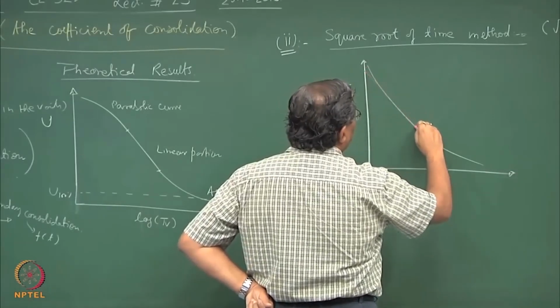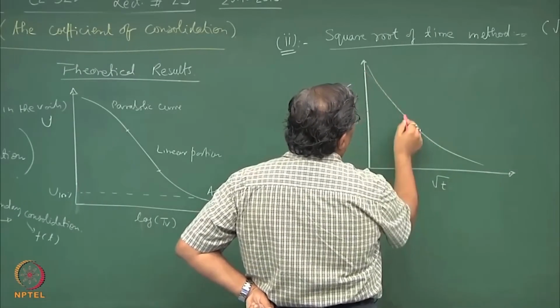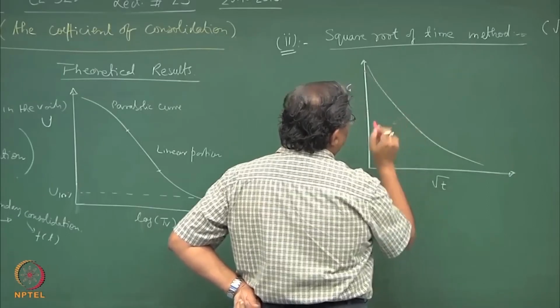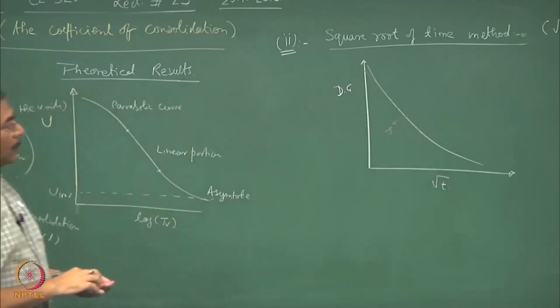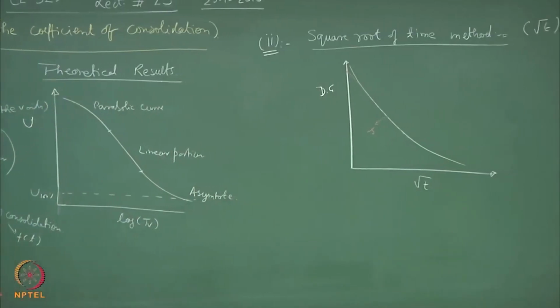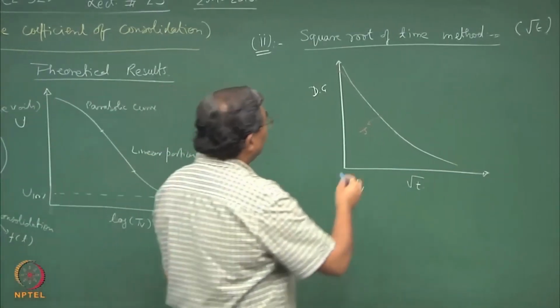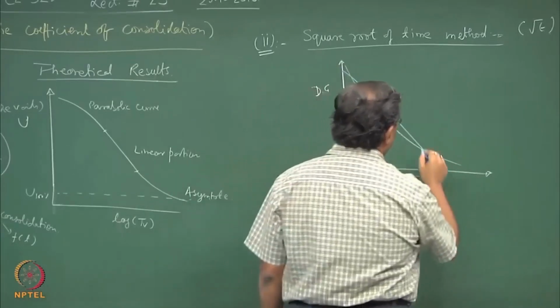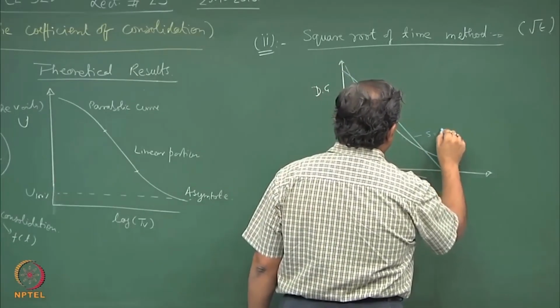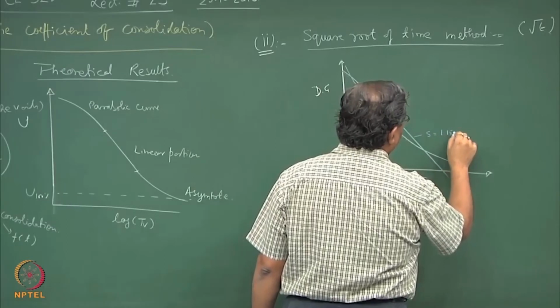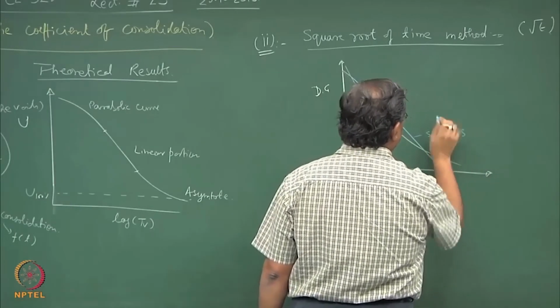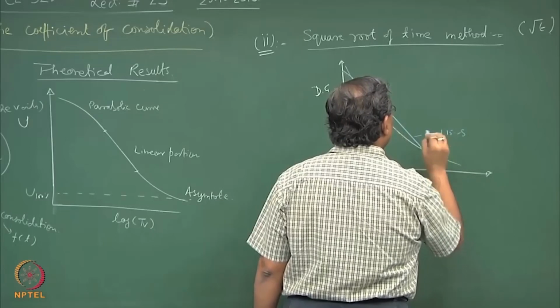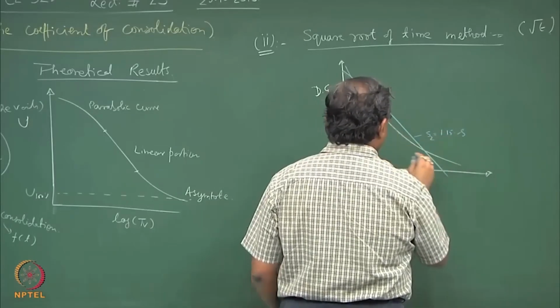Find out the slope of this line. If this is slope S, increment the slope by 15%. So, this is the line with slope 1.15 times small s, let us say. This is S2, this is S1.